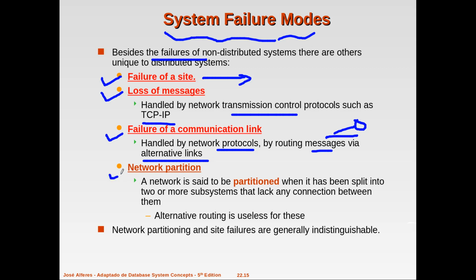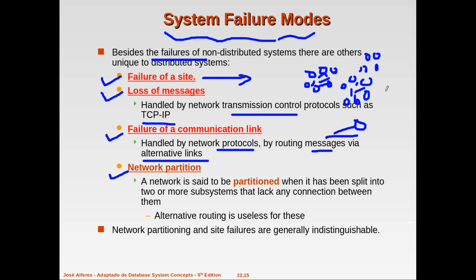Then similarly, another failure mode is network partition. So what is this network partition? Network partition means some sites are part of one network, and some other sites are grouped into a network in some other area. Similarly, some other sites too.